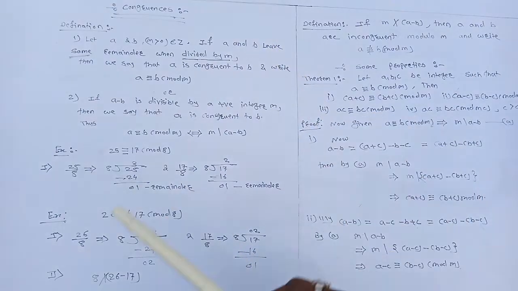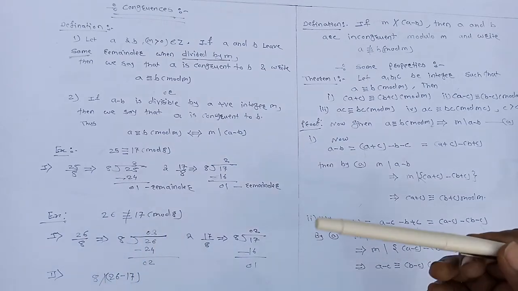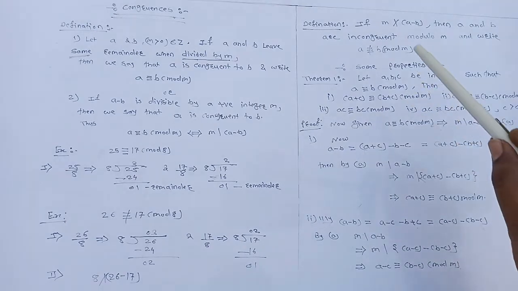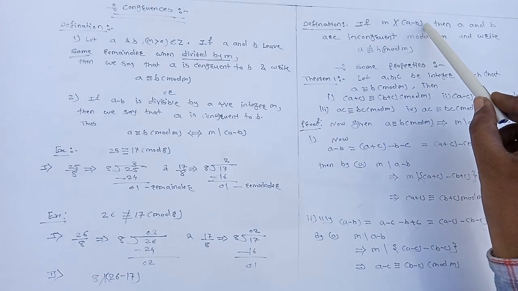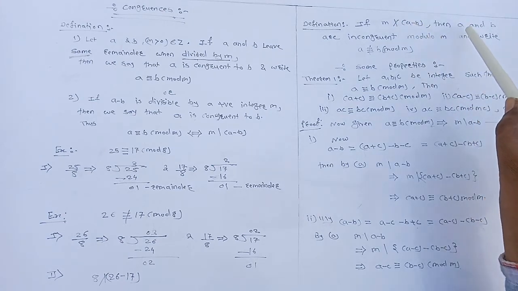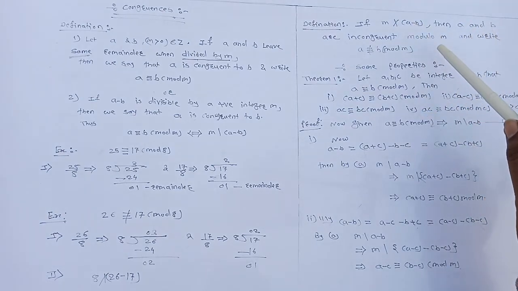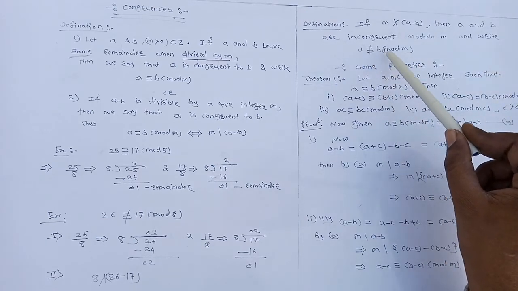Therefore by definition, 26 and 17 are not congruent to each other under modulo 8. So it can be written this way: 26 incongruent 17 mod 8. Now the second definition, for incongruent: if M does not divide A minus B, that means M does not divide their difference, then we can say that A and B are incongruent modulo M and write it as A incongruent B mod M.